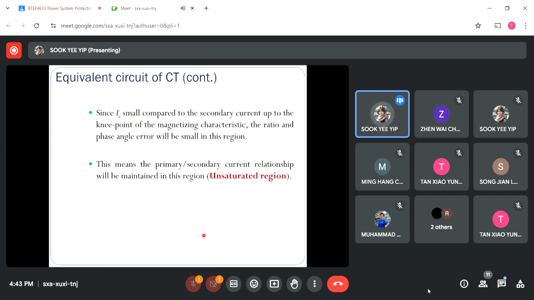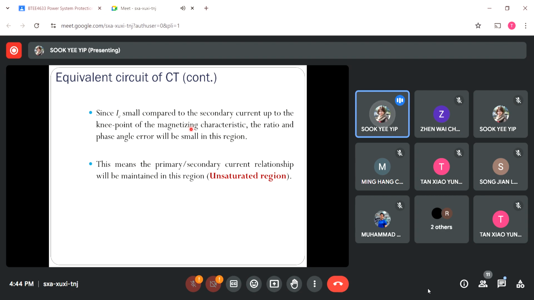During linear operation of the current transformer, which means we are in the unsaturated region, the magnetizing current will be very small compared to the secondary current, and this is only true up to the knee point of the magnetization curve as we have seen just now.